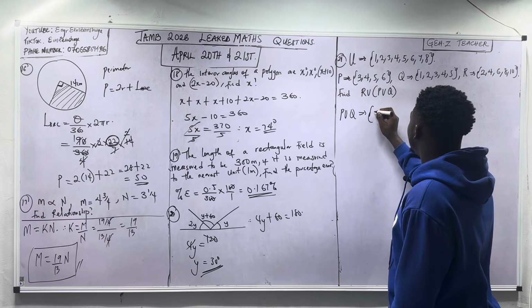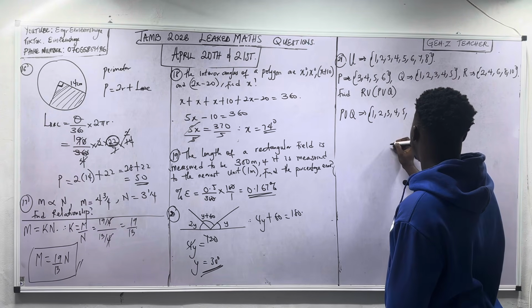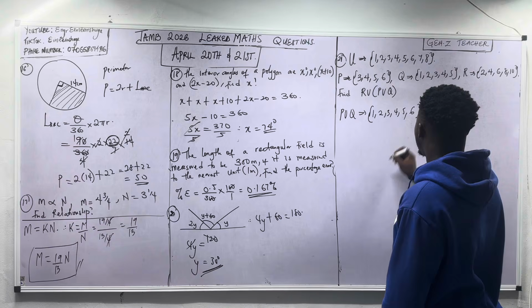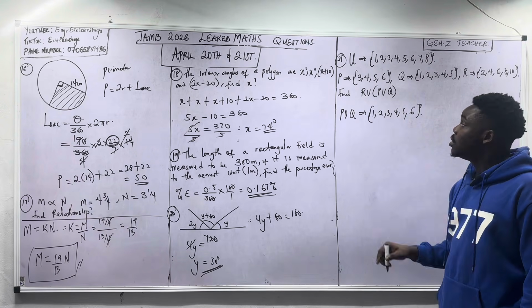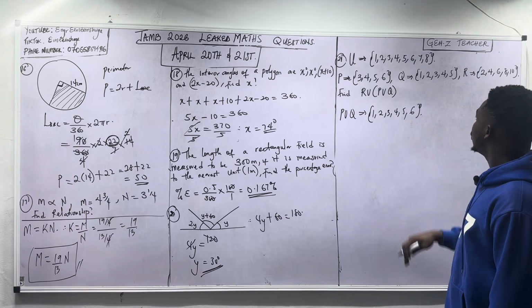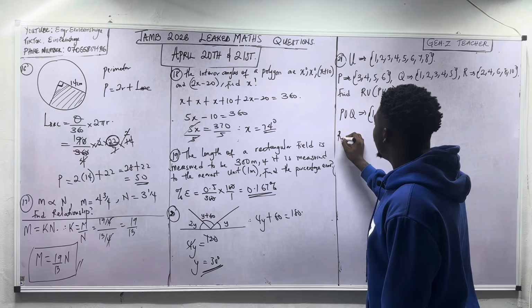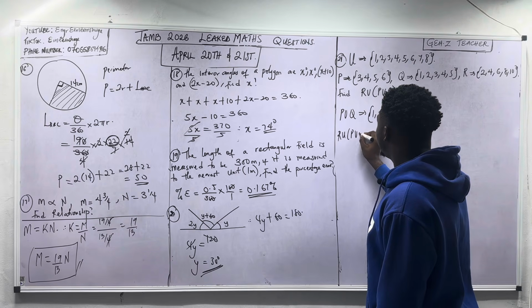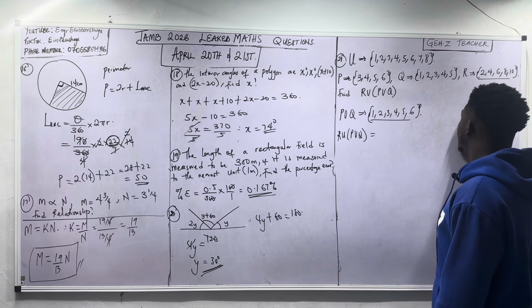So we're going to have 1, 2, 3, 4, 5, and 6. And then we have this answer now, with the complement. So write them again with the complement sign. And so the complement of P union Q now becomes the elements here and here without repetition.